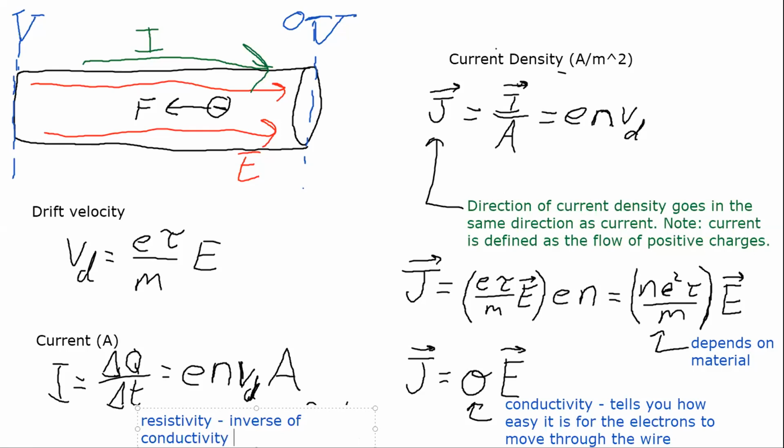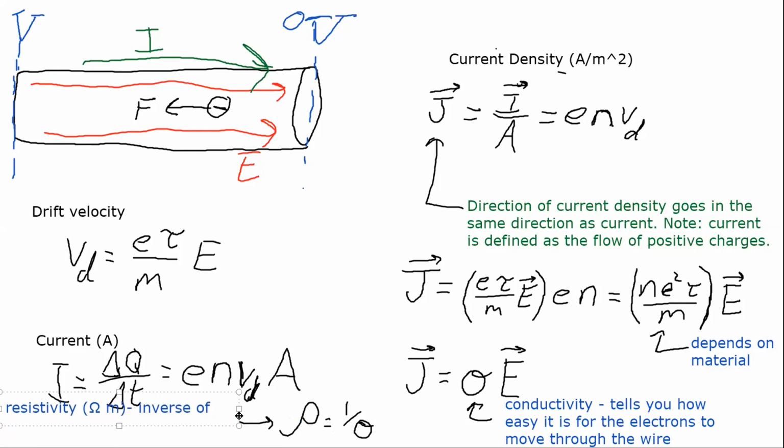And we're actually going to deal with resistivity a lot more. The units for resistivity, put that up here, is something called ohms, and then meter. Okay, that's my units for resistivity.